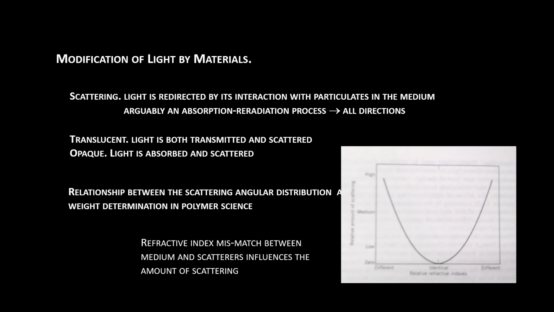So this graph illustrates the effect. As the ratio of the refractive indices of the medium and the suspended particles differs from unity, you get increased scattering in both directions.